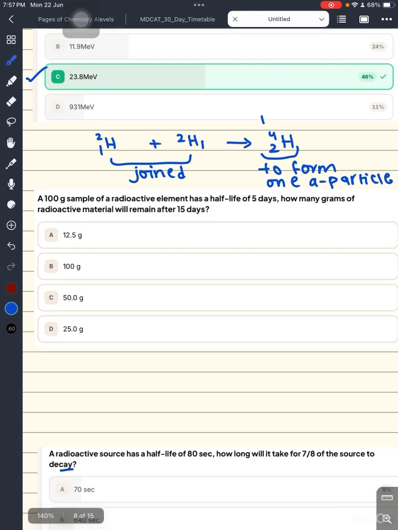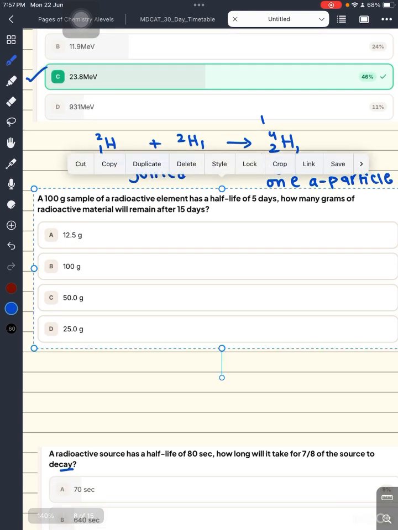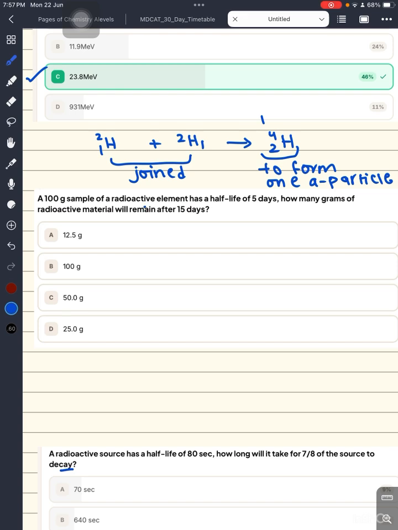So, 100 gram of a radioactive element has a half-life of 5 days. How many grams of the radioactive material will remain after 15 days? Whenever you get this type of question, firstly, what do you have to do?